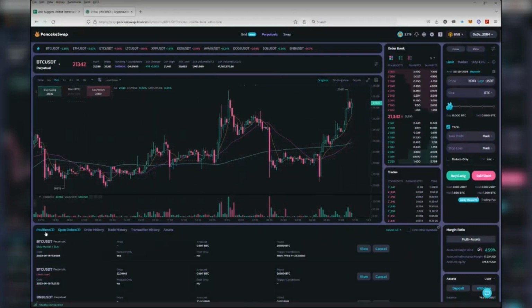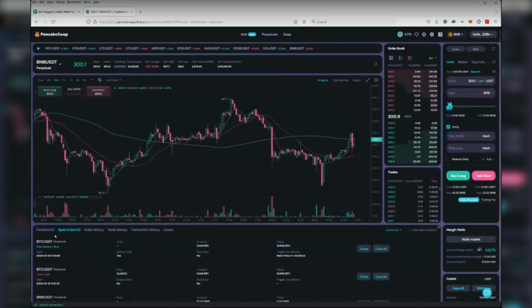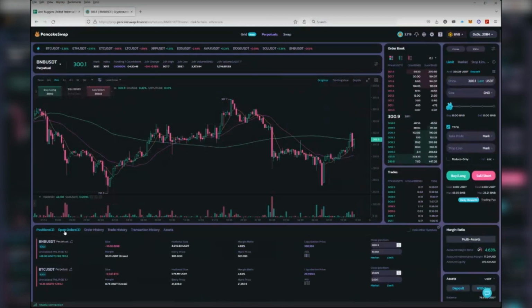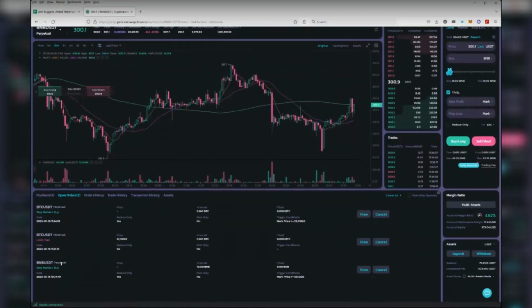So if I wanted to change my stop loss, let's go to the BNB one. BNB, okay. So it's actually under open orders. So my BNB stop loss is right here.